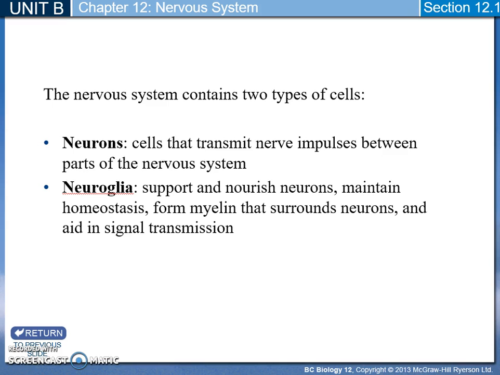However, they are absolutely essential for the proper functioning of the nervous system. So they maintain homeostasis, again, that catch-all term, and some of them form myelin that surrounds neurons, and they aid in signal transmission. And we'll look at that in a little bit more detail later.